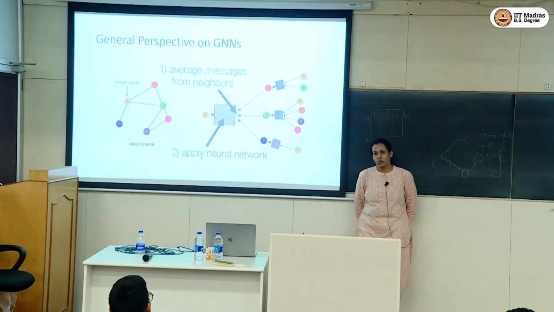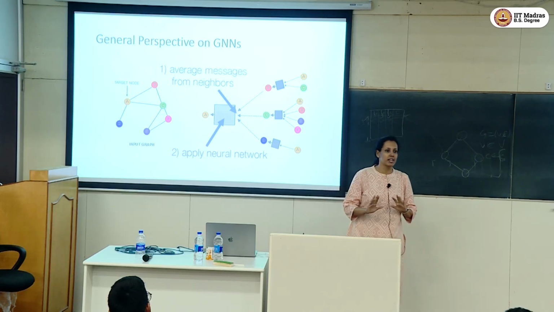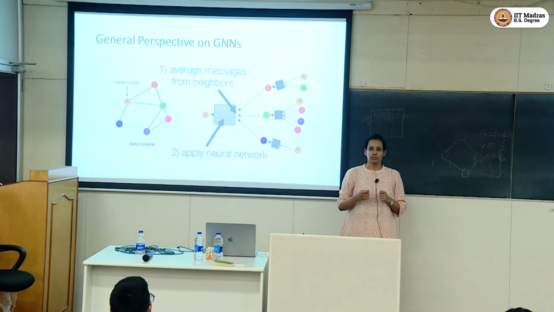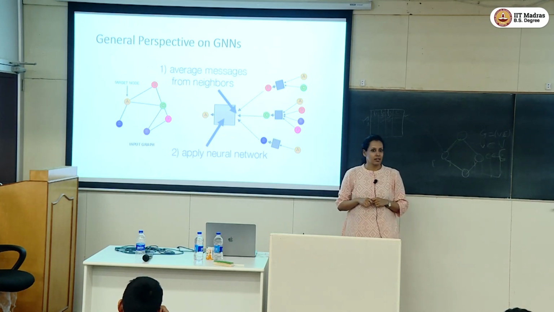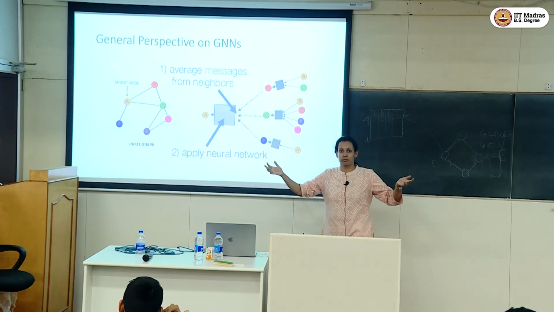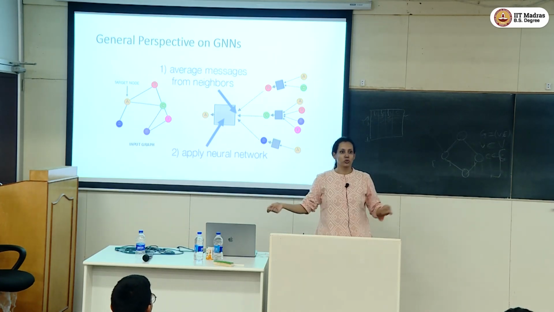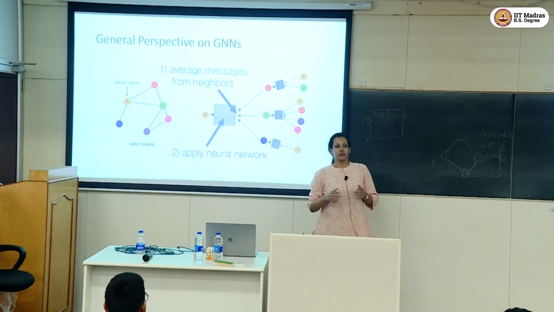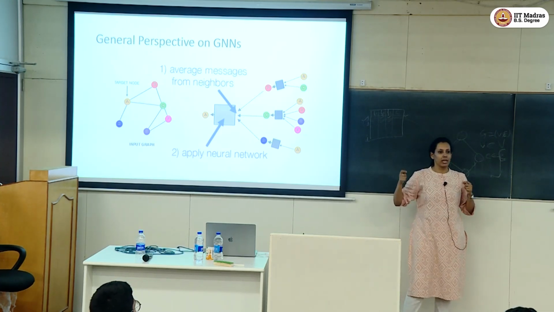So in layer 1, you take one-hop information, and in layer 2, you take two-hop information indirectly. In GNN layer 3, you take information from three-hop neighbors, indirectly, not directly. So as you go deeper, you take information from n-hop neighbors.